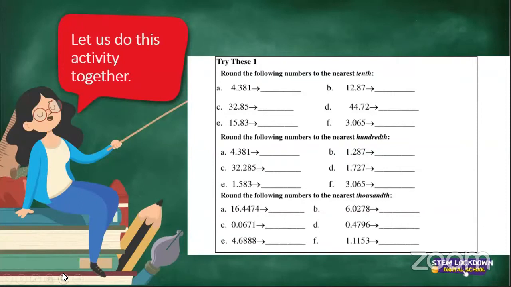You're rounding off to the nearest thousand, not to the nearest 10. So please double check your answers.